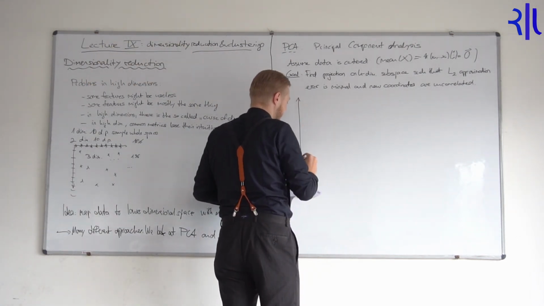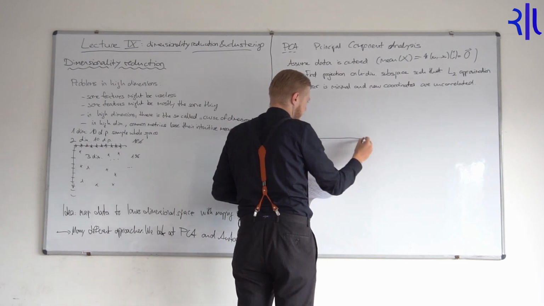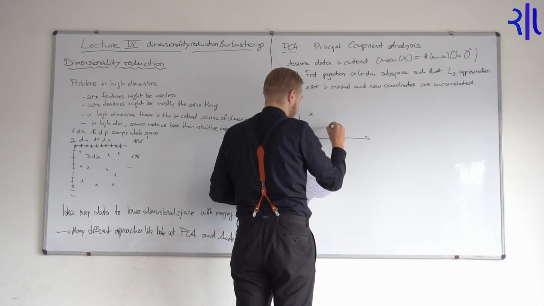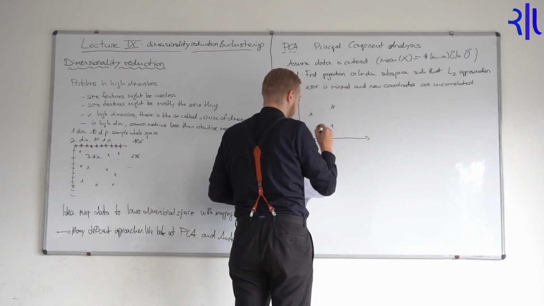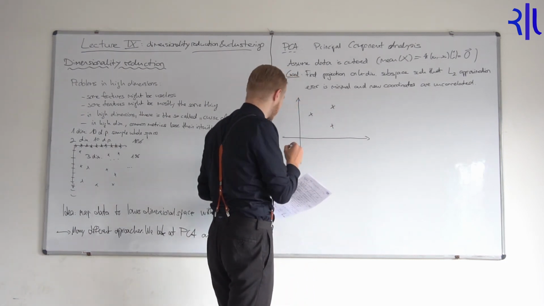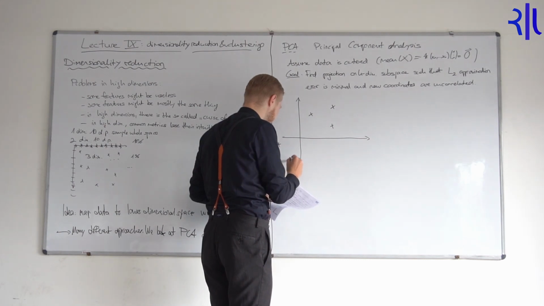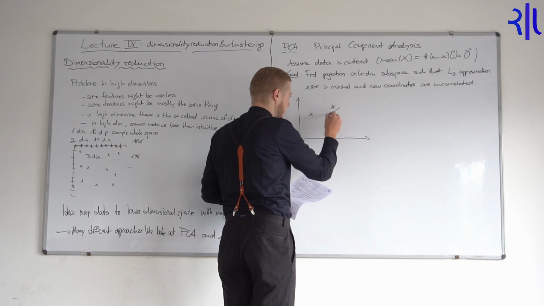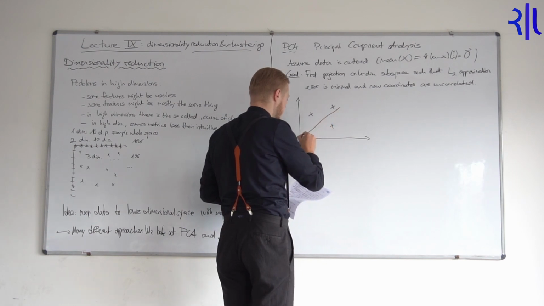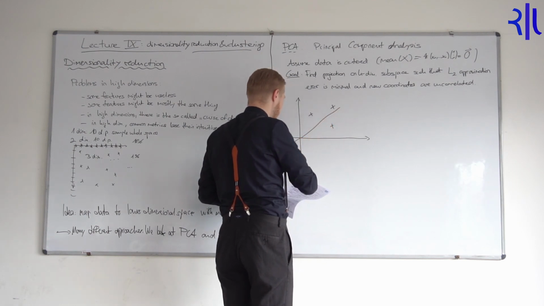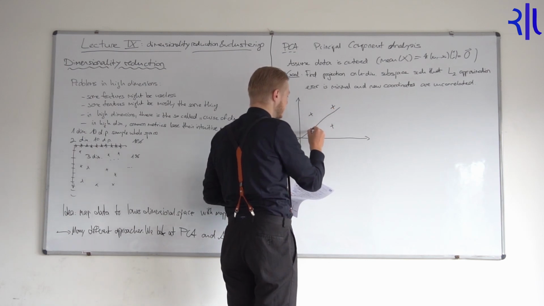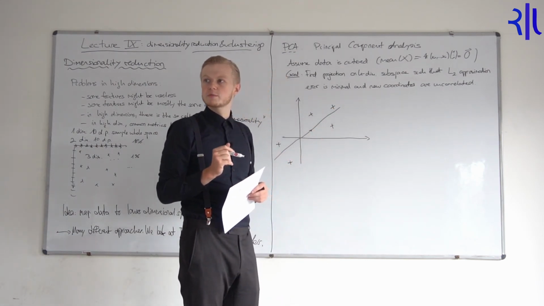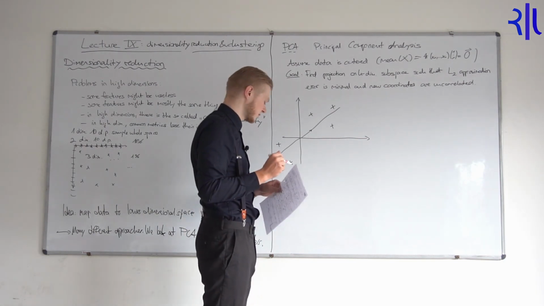So let's illustrate that geometrically. We might have a few data points here, and we want to find, at first just a one-dimensional subspace with which we can approximate the data in the best possible way.